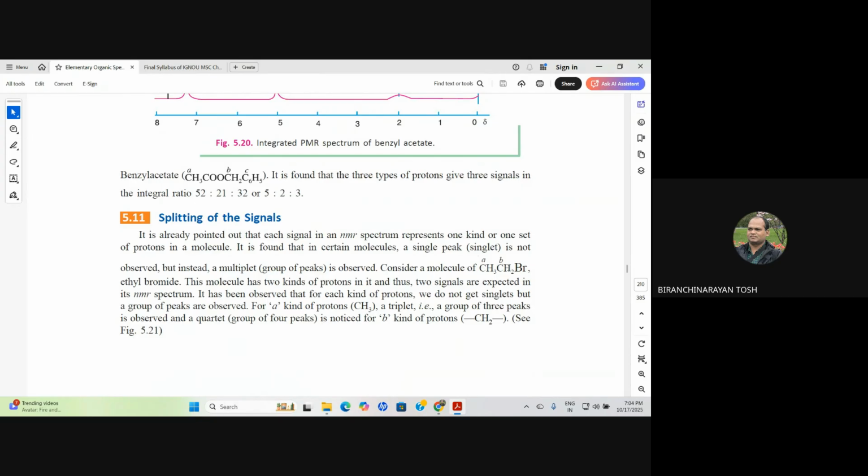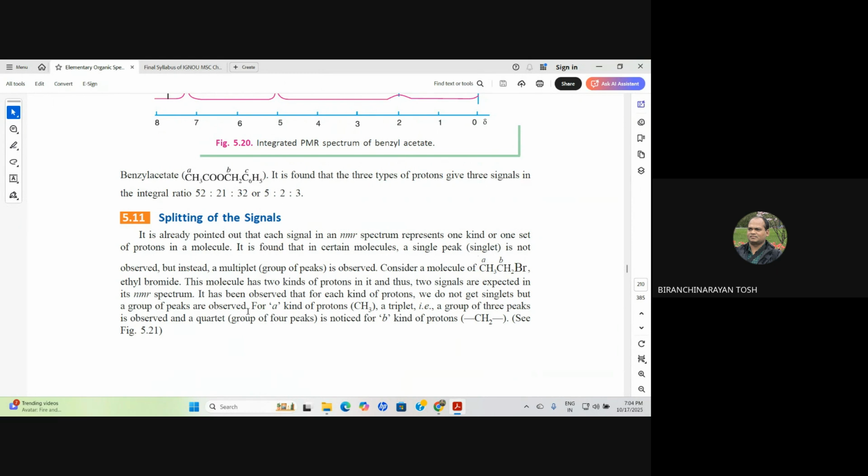Now what will happen when you get the peak for proton B is that it will interact with the neighboring protons. This molecule has two kinds of protons in it, and thus two signals are expected in its NMR spectrum. Clear, we have already discussed. It has been observed that for each kind of proton, we don't get a singlet, but a group of peaks.